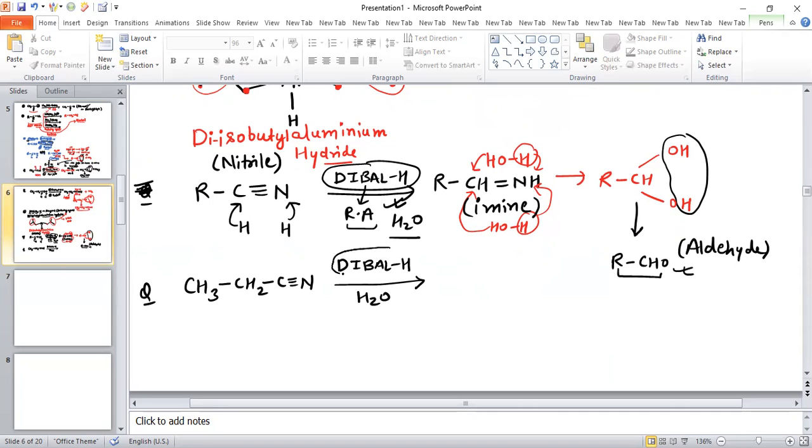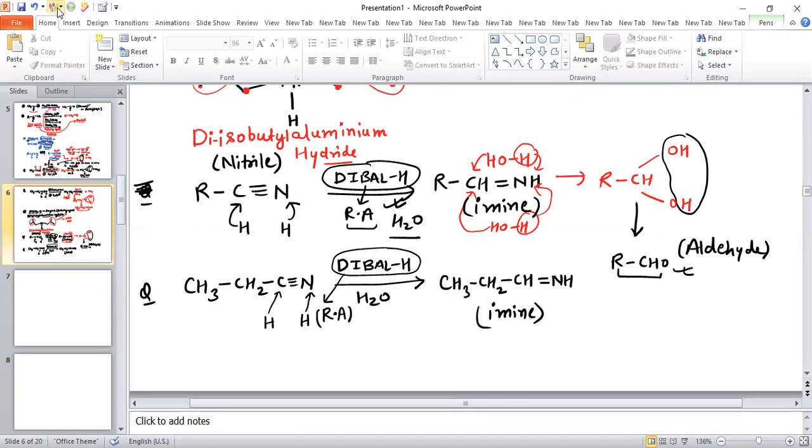So when you use DIBAL-H, which is basically a reducing agent, nascent hydrogen is added like this: one hydrogen on this carbon and also one hydrogen on this nitrogen. So the triple bond gets converted into a double bond. It will be like CH double bond NH. So imine is obtained as a product.